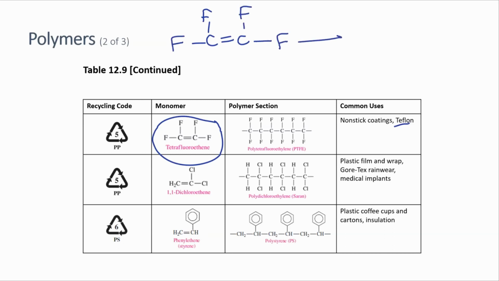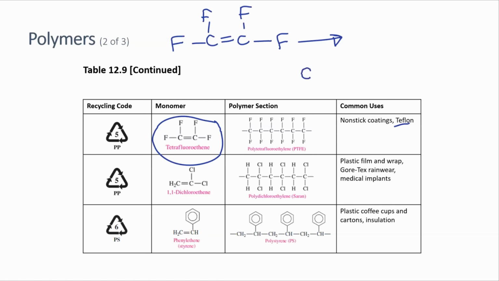Okay, can you convert this into the polymer? Yeah, just follow the same rule that I just mentioned. So I will first draw this, taking some space. I'm going to draw it here.